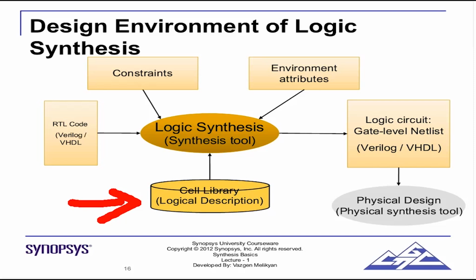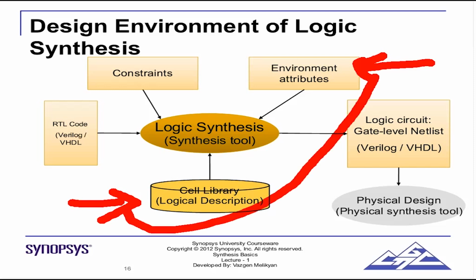Second, we should know the environment attributes, that is, the operating conditions we are targeting. Are we targeting 1.0 volt? Are we targeting 1.2 volt? This will affect synthesis, and also the cell library, because environment attributes, that is voltage, process, and temperature, determine the cell library.